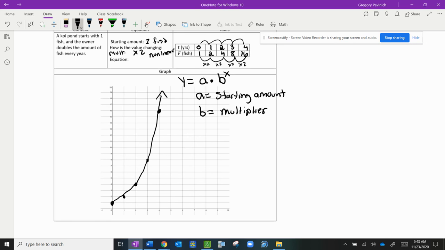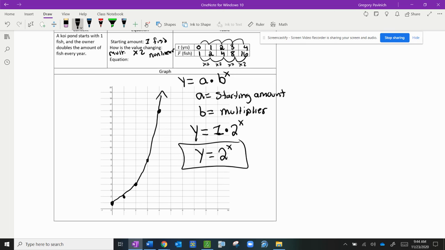So if I wanted to write this equation, I started with 1 times my multiplier was 2, and I always have the variable x at the top. So we don't have a coefficient other than 1, so it would just be 2 to the x, and we would just assume that there's a coefficient in front of that being 1.